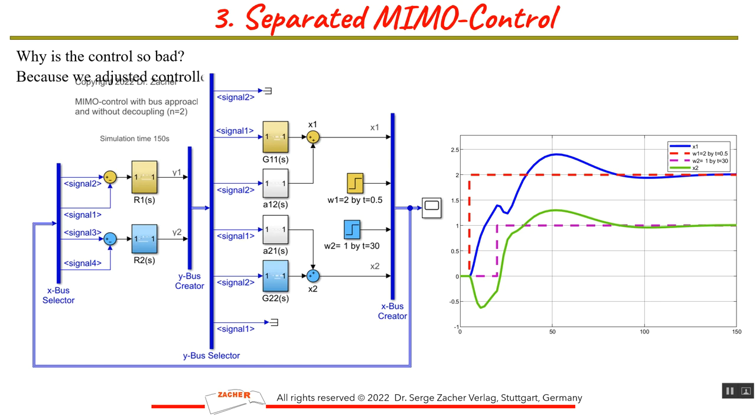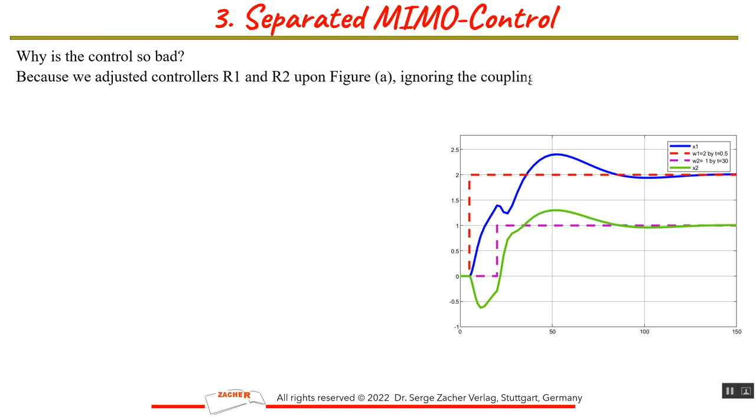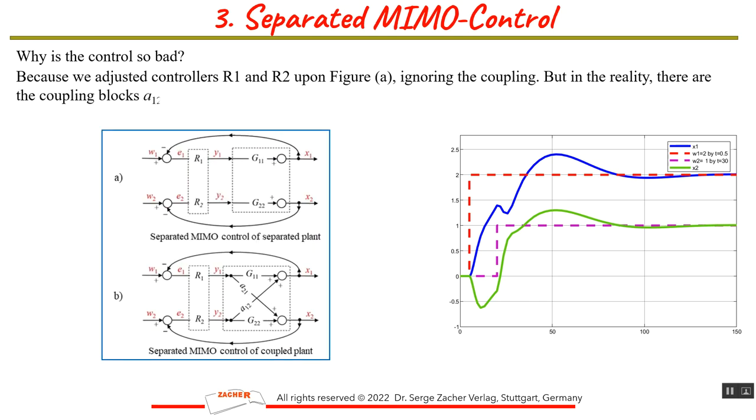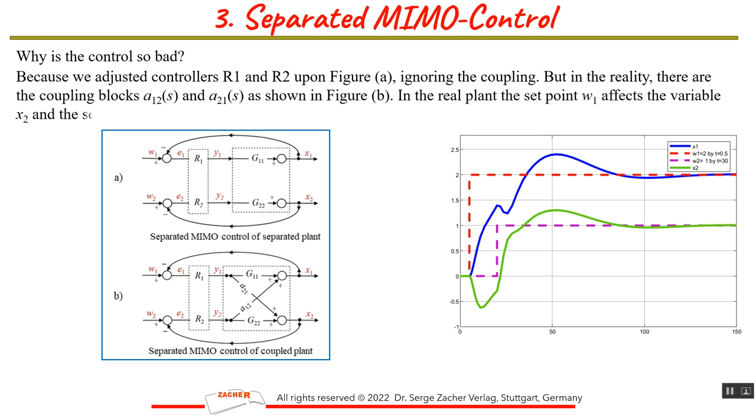Because by the separated control we adjusted controllers R1 and R2 upon figure A, ignoring the coupling. But in reality, there are the coupling blocks A12 and A21 as shown in figure B. In the real plant, the setpoint W1 affects the variable x2 and the setpoint W2 affects the variable x1. That's why the control is so bad.